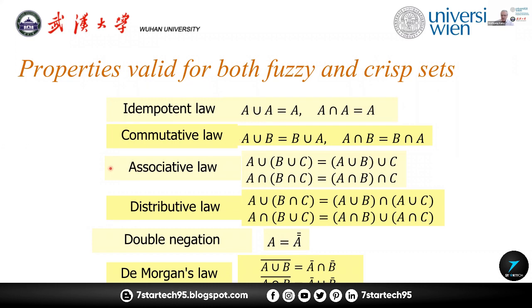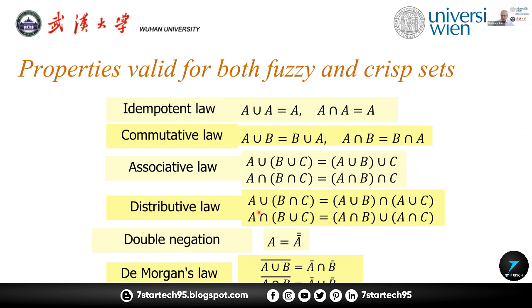Also the associative law, where you have the union of A with the union of B and C. Again, it doesn't matter in which order you compute the unions and intersections, it will be the same result. So that again holds for crisp and for fuzzy sets.